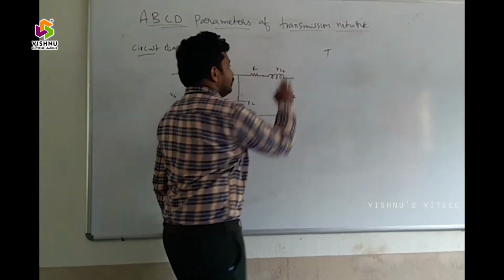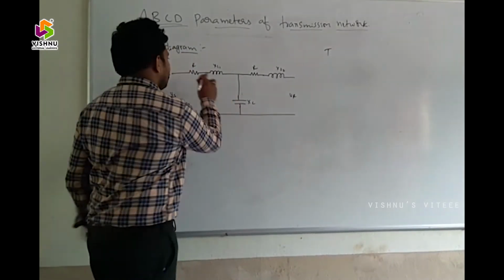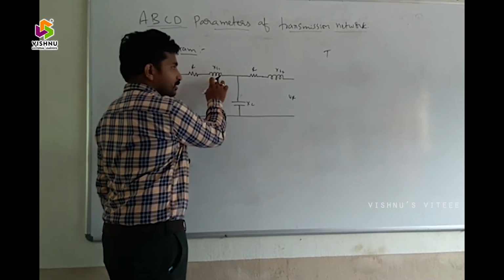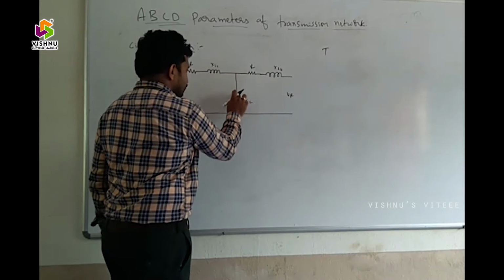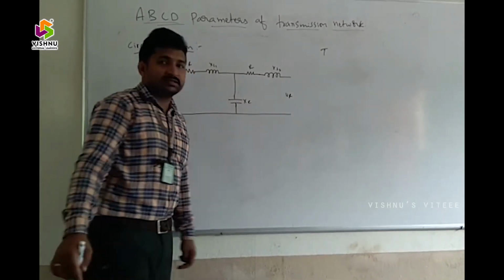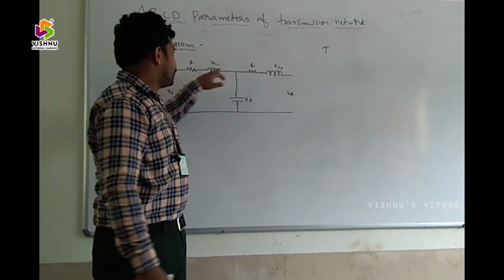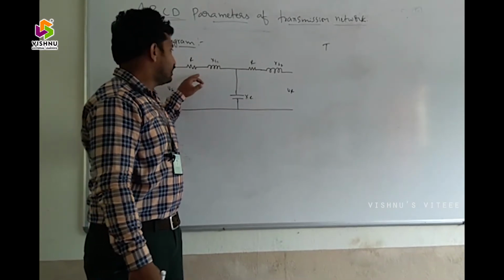We will be having the transmission line R, L and C. For getting symmetry, we represent R, XL1, R, XL2 in this T. It has capacitive reactance XC, inductive reactances XL1 and XL2, and the line resistance R.